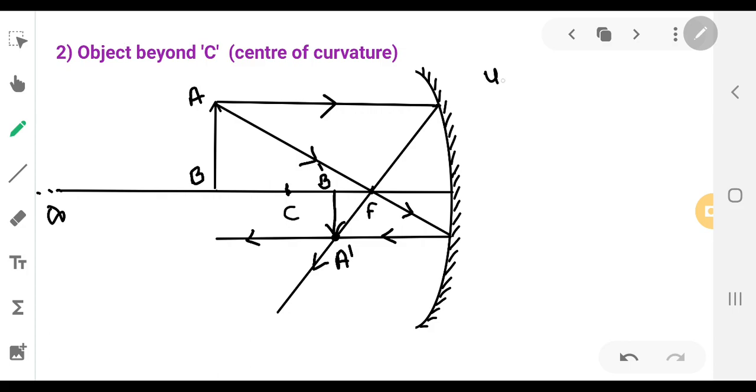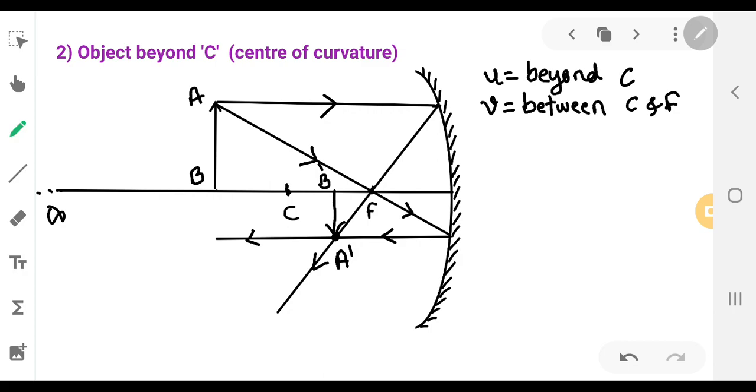U, object distance, where the object is placed beyond C. Where is the image formed? V, image distance, between C and F.